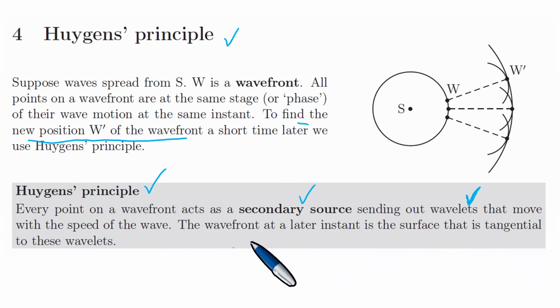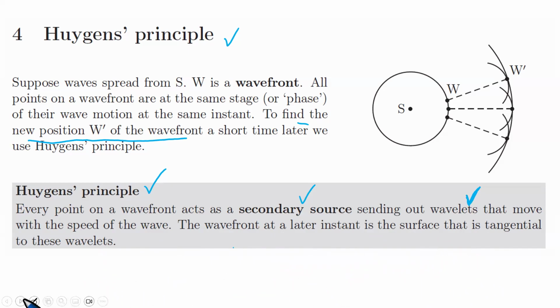The wavefront at a later instant is the surface that is tangential to these wavelets.